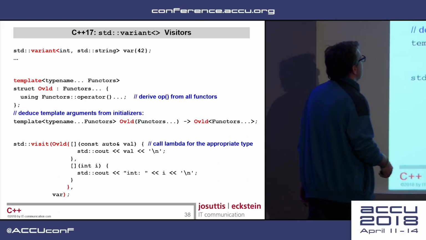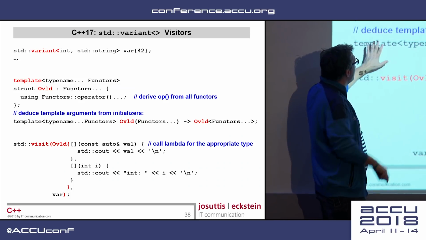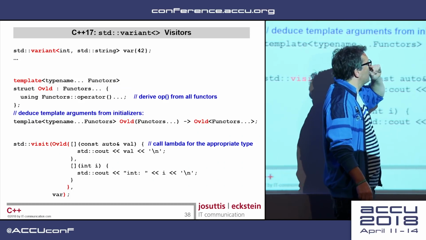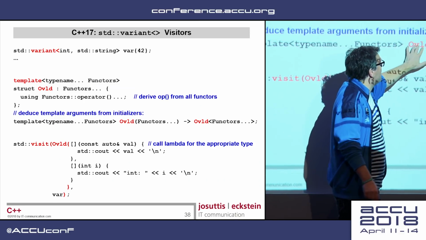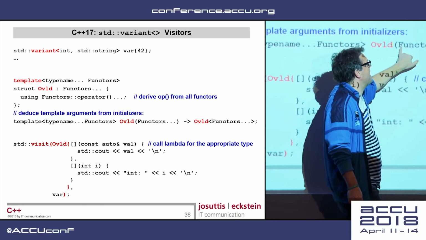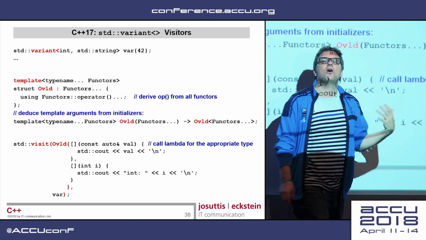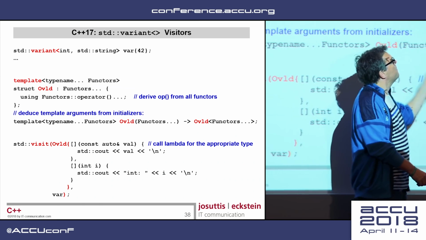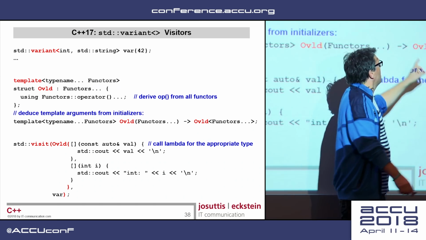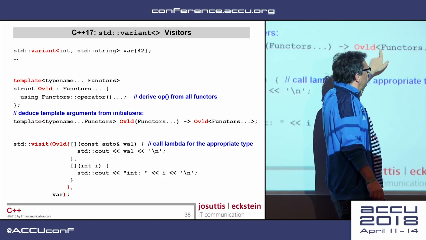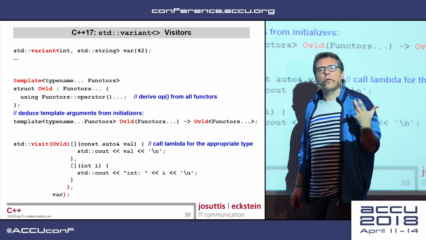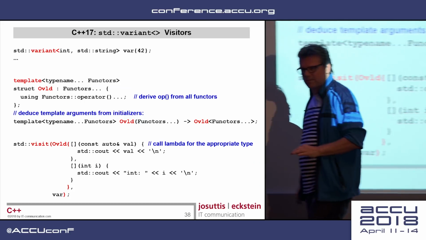And we say that here. We say for a variadic template, if I try to create an object of this type, taking an arbitrary number of function objects, please expand this to an object parameterized as a template for all these function object types.